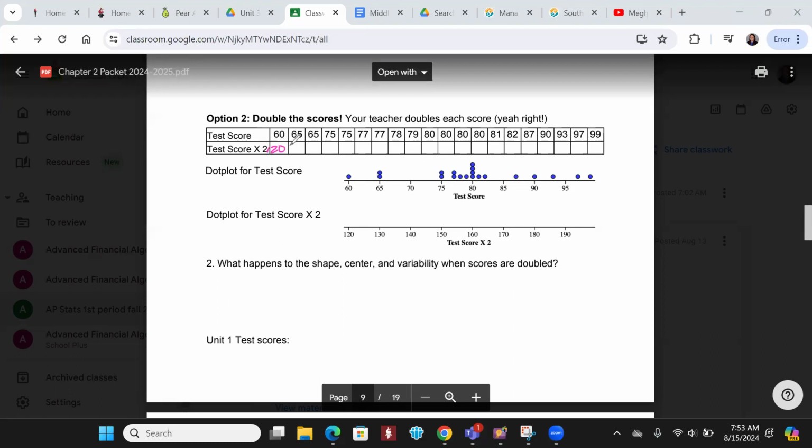So it's 120, 130, 150. Right? And create the dot plot for that second one.